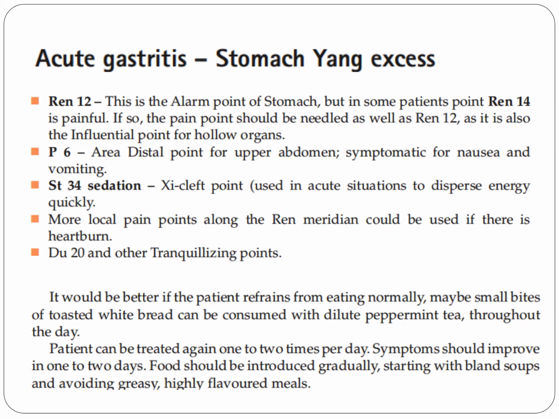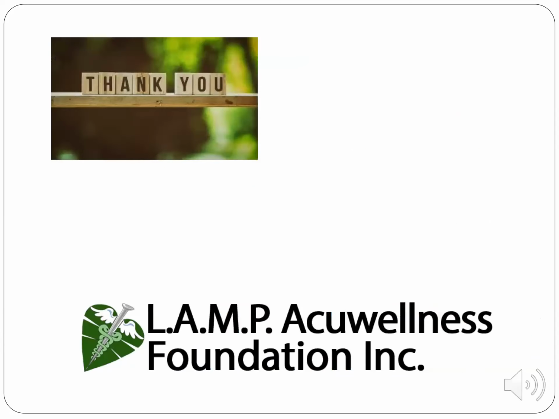The patient can be treated again 1 to 2 times per day. Symptoms should improve in 1 to 2 days. Food should be introduced gradually, starting with bland soups and avoiding greasy, highly flavored meals. Okay? That's all. Thank you so much for listening.